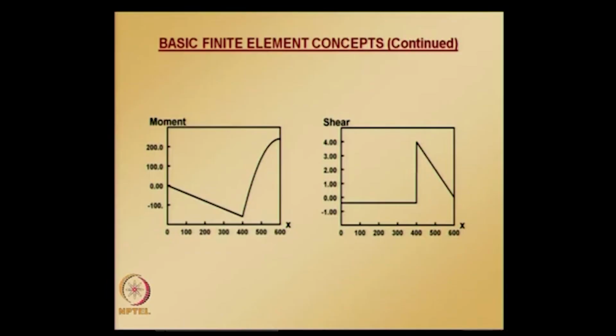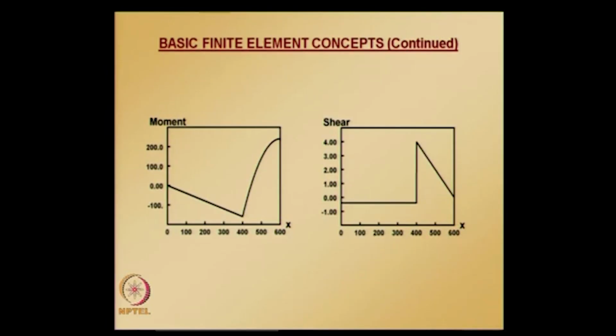Element 1 is spanning from 0 to 400, element 2 spanning from 400 to 600. So, if you see this moment diagram, how moment varies with respect to the span: on the x axis you have span, and along the y axis you have moment.